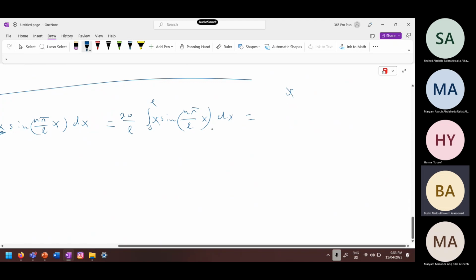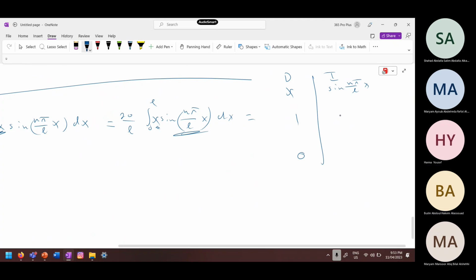So x, starting with this function to be differentiated, and this function to be integrated. Okay? x, 1, 0. Now, as per the integration, sine n pi over L x, the integration of sine is negative cosine. Correct?